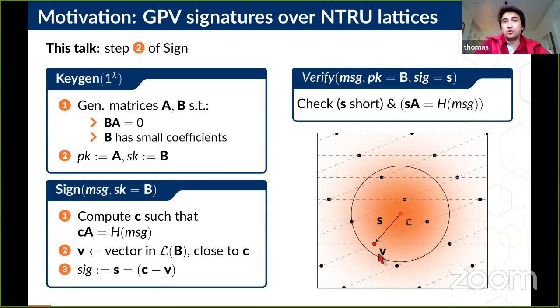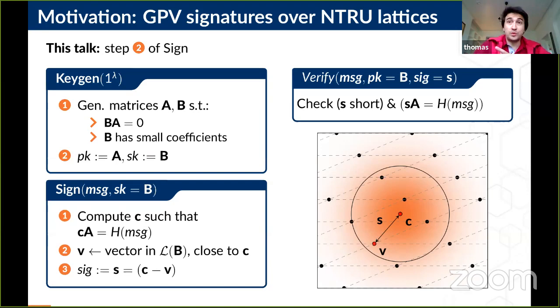You have your target C, and you have your point V, which belongs to the intersection of the lattice and the support of a Gaussian centered on C, and the signature will be the difference between C and V. The verification procedure consists of checking two conditions.